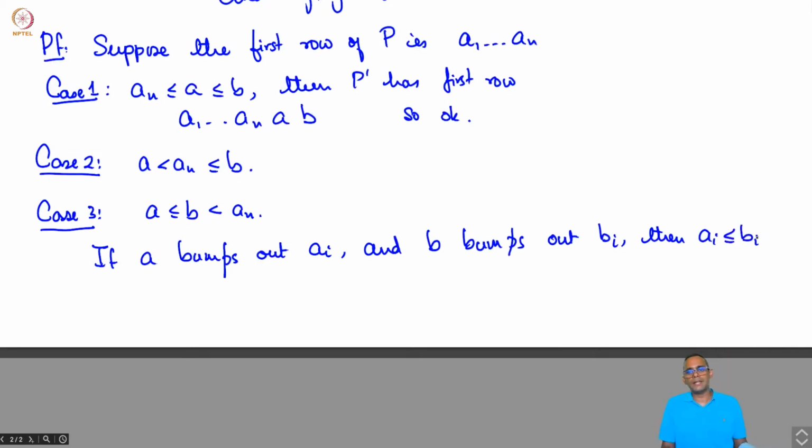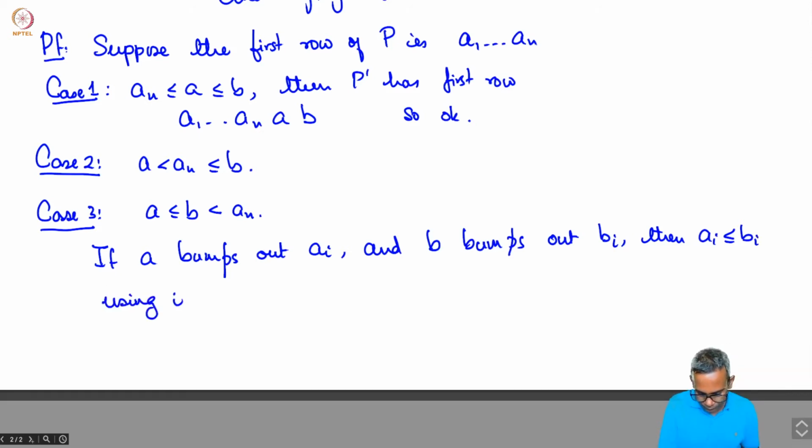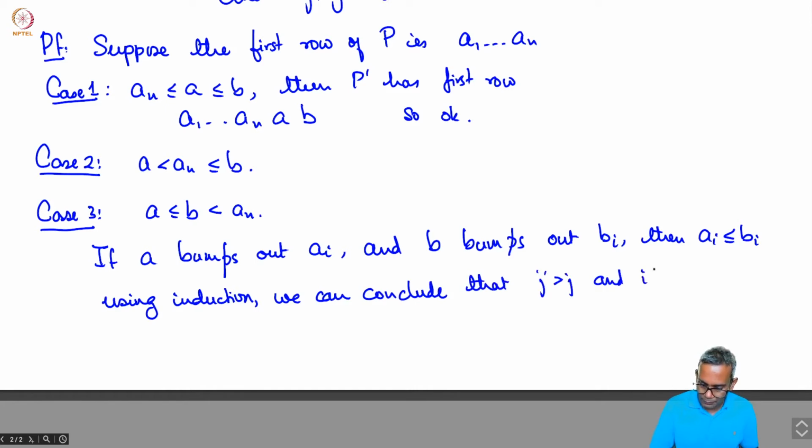And so now what will happen is that first AI and then BI will get inserted into the second row of P. And using induction on the number of rows of P, we can conclude that J prime is greater than J and I prime is less than or equal to I.